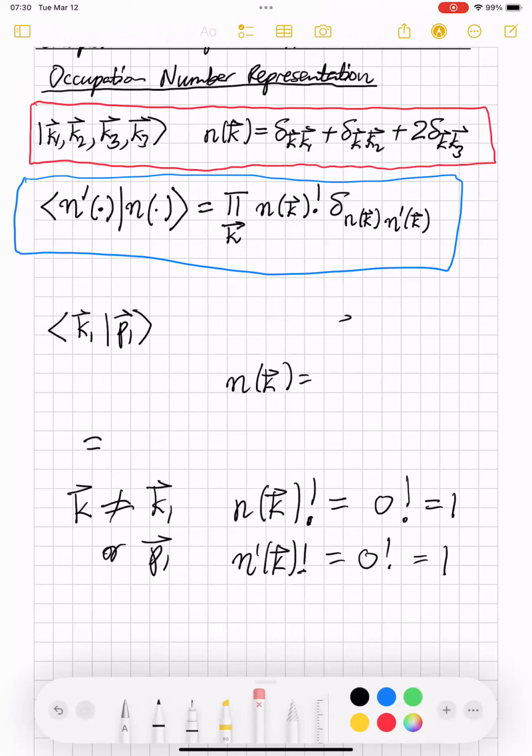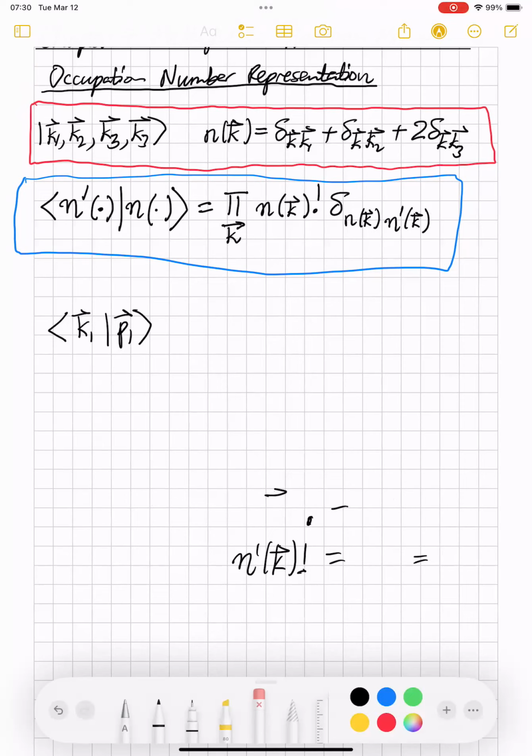Now, let's take a look at what happens when this delta function becomes delta k1, p1.